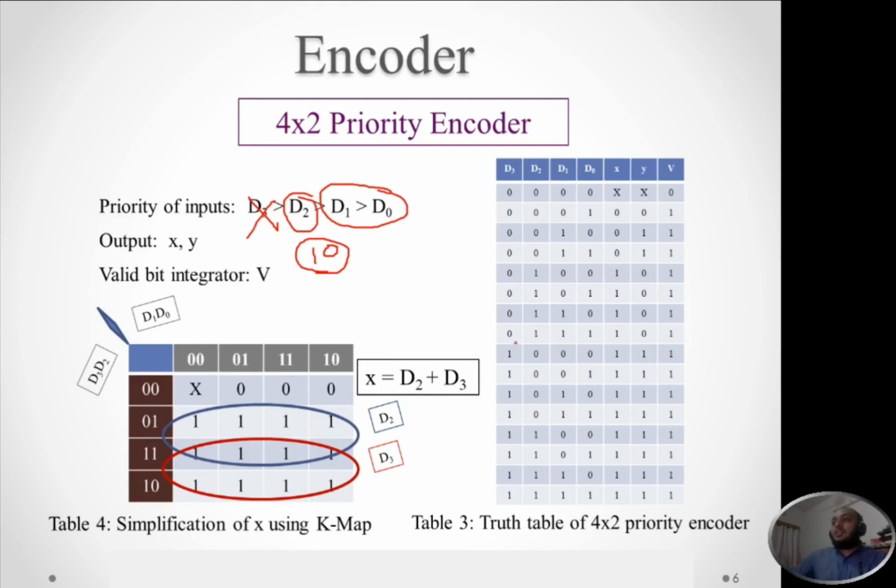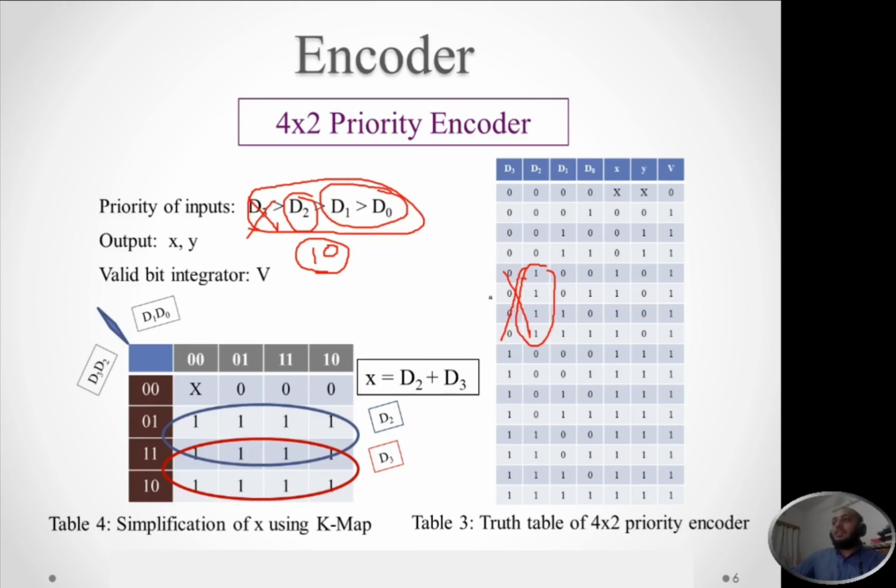So in these cases, we can see that there is no D3, and as there is no D3, here we have seen that D2 has the most priority after D3.